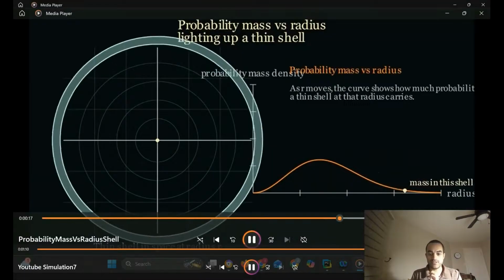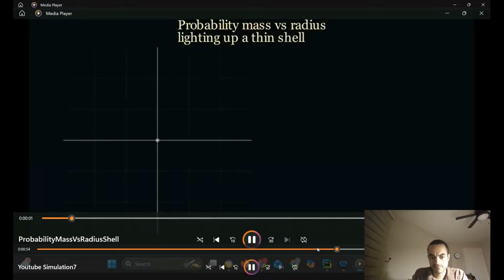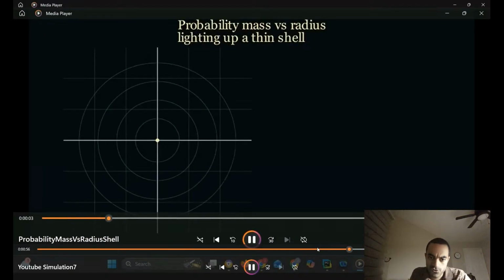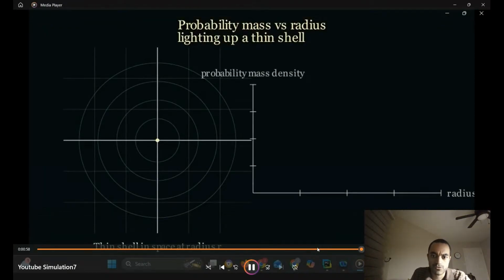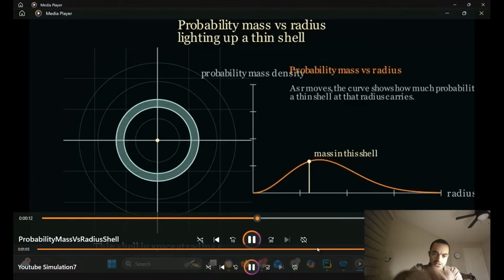So as that shell is increasing, again, let me show you here. As our shell is increasing on the leftmost part here, you can see it's increasing.